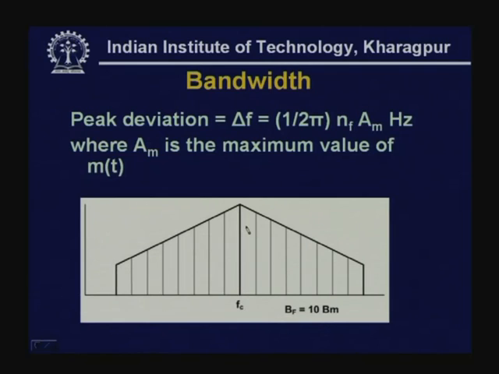So what happens in this particular case compared to the AM signal? In case of the AM signal, we have seen the bandwidth Bt is equal to 2 Bm, but this is not true here.